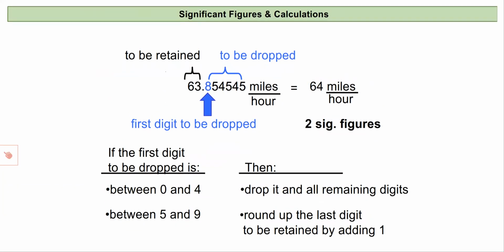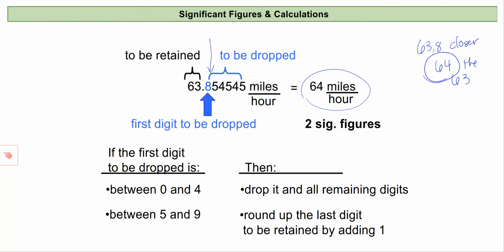I am now going to make sure I report this correctly when I'm reporting to two significant figures, and take into account the next digit that I'm going to drop from my calculation. So the first digit dropped here is greater than 5. This means I'm going to need to round my 63 up to 64, because 63.8 is closer to 64 than 63. So 64 becomes a more accurate representation of the number I measured.